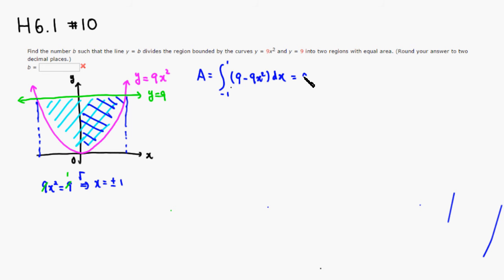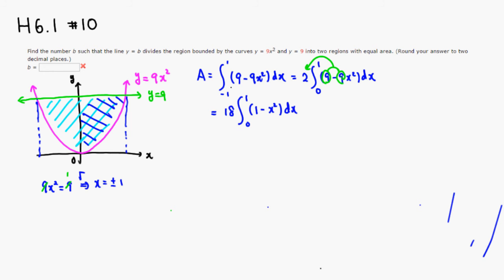It's a little simpler: 0 to 1, and then you have 9 minus 9x squared dx. Since 9 is in common, we can pull it out. So it's 9 times 2, which is 18, times the integral from 0 to 1 of 1 minus x squared dx.